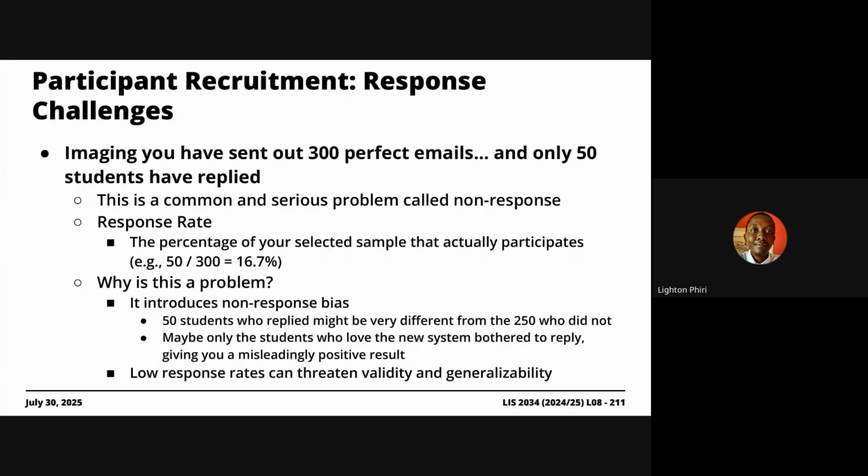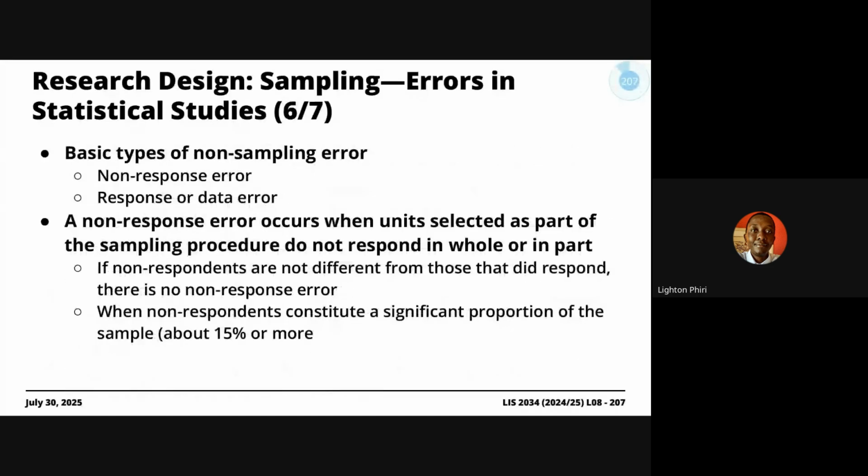Now it turns out that this metric, the response rate, is a problem, because it tends to introduce non-response bias, if you are paying attention to the non-response errors or biases we were talking about previously.